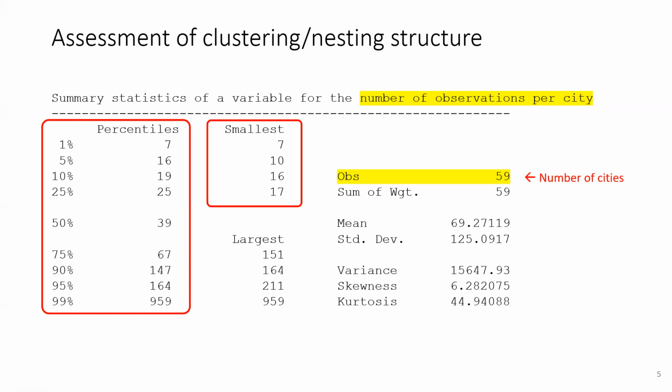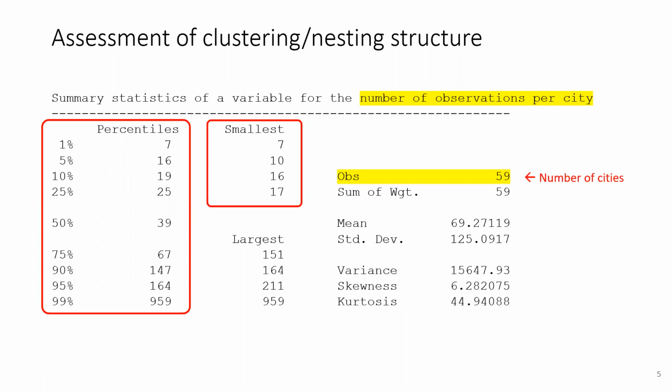The second smallest has 10 individuals per city, and so on. And the 50th percentile, which is the median, is 39 individuals per city. So it's kind of small, as you can see.